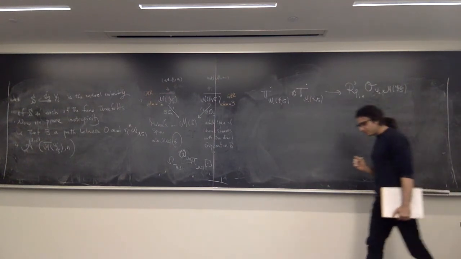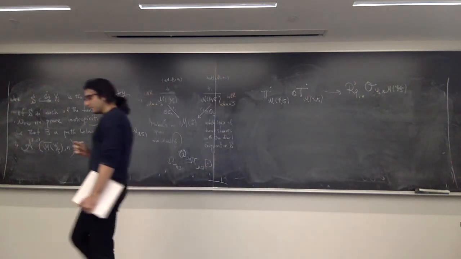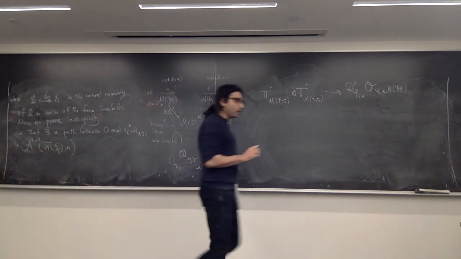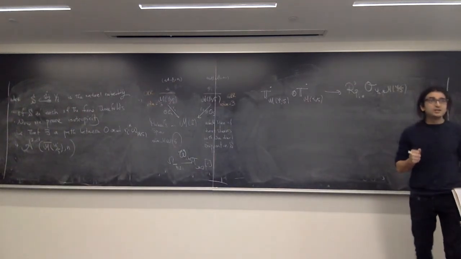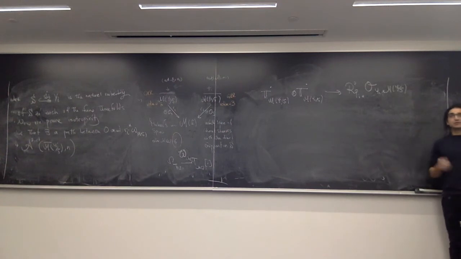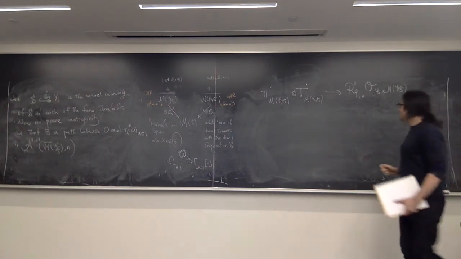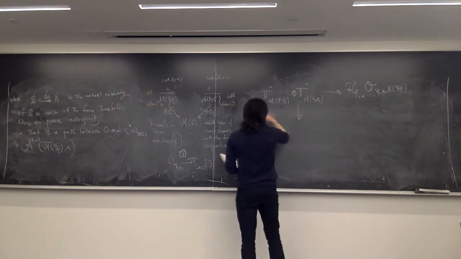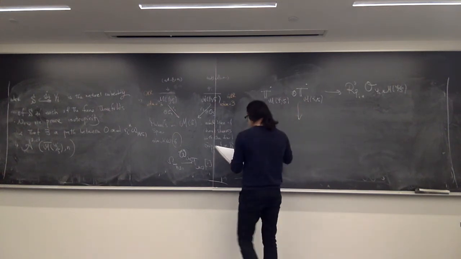We had this statement that if you have the moduli space of perfect complexes, it's always coming from a shifted symplectic structure. If you have the moduli space of perfect complexes on a variety of dimension d, it always comes with a 2 minus d shifted symplectic structure. So already you have the shifted symplectic structures. And then you can get a map by just pulling back using the exact triangle.